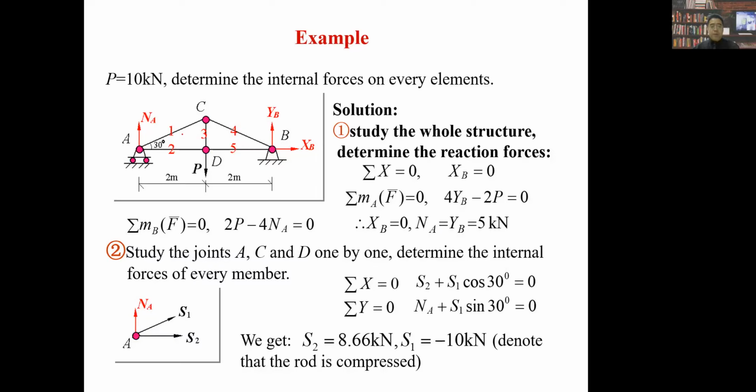That means we will treat all the members as 两端受拉的二力杆, two-force bars, because all the members will be two-force bars, 二力杆, and we think all the bars will be 两端受拉, right? 两端受拉.